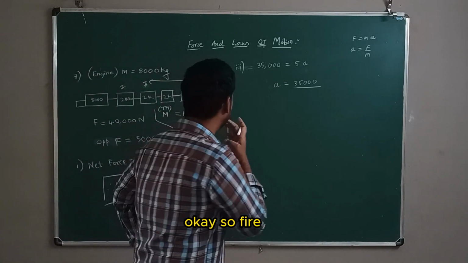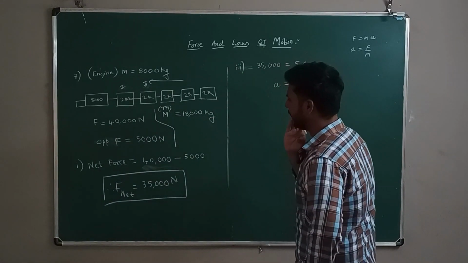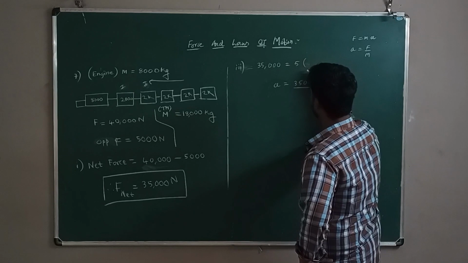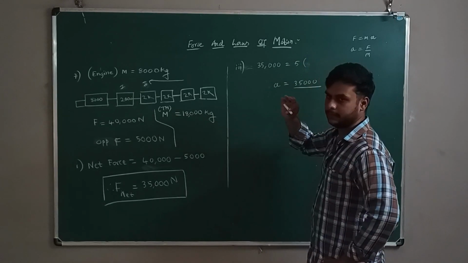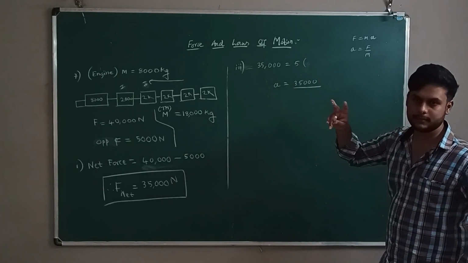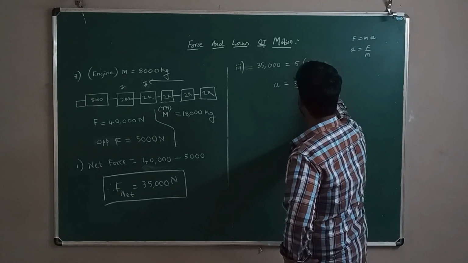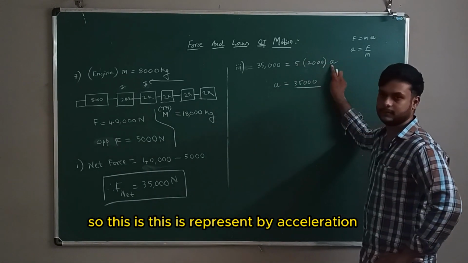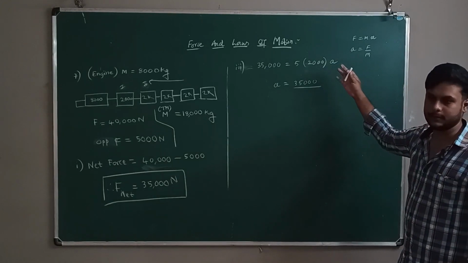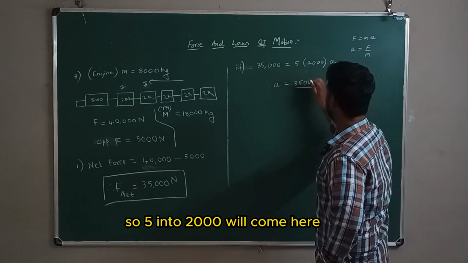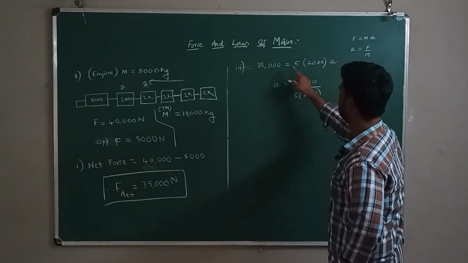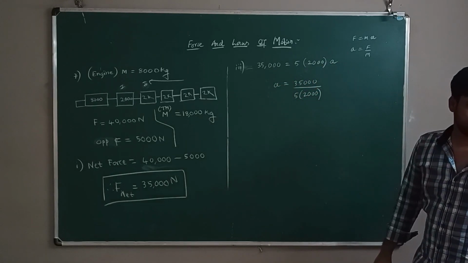Okay, 5, but the weight of the wagons I should also calculate. How many wagons are there? Total wagons are 5. But each wagon has how much weight? 2,000. So 5 into 2,000 will come here, in the denominator.